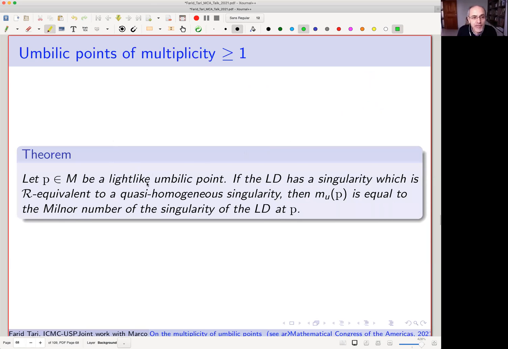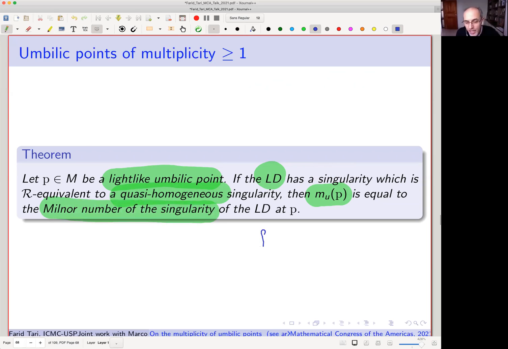If the umbilic is light-like, then under some conditions, suppose the singularity of the locus of degeneracy of the metric is equivalent to a quasi-homogeneous singularity; then the multiplicity is exactly the Milnor number of the singularity.